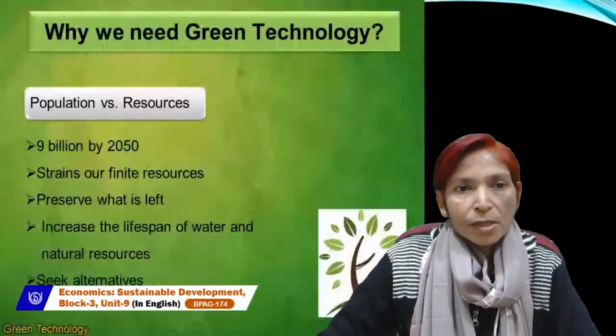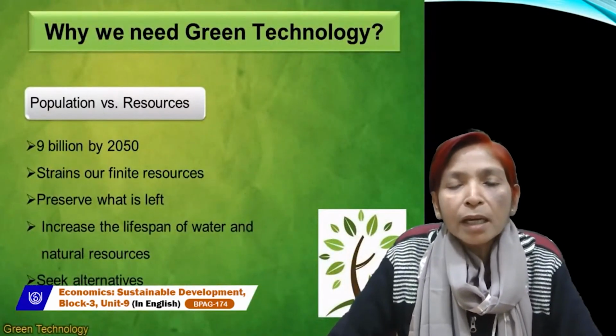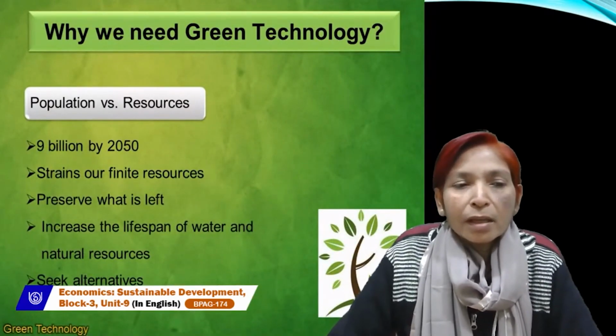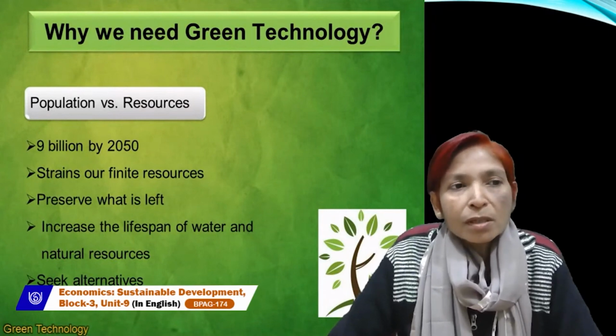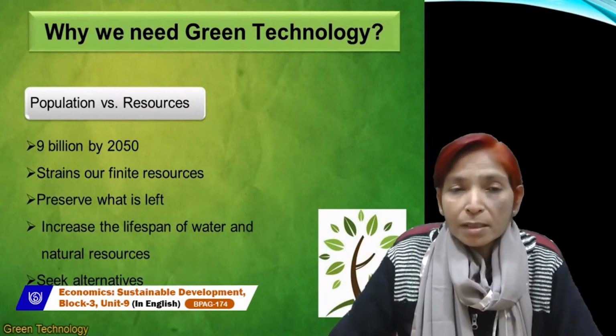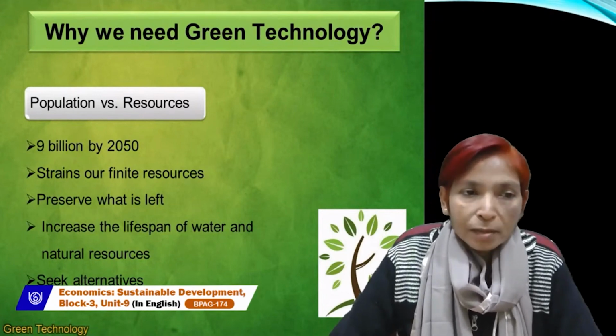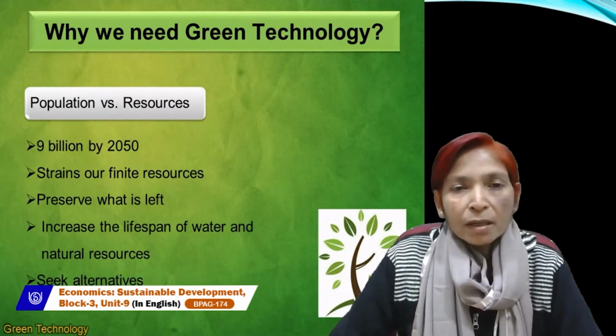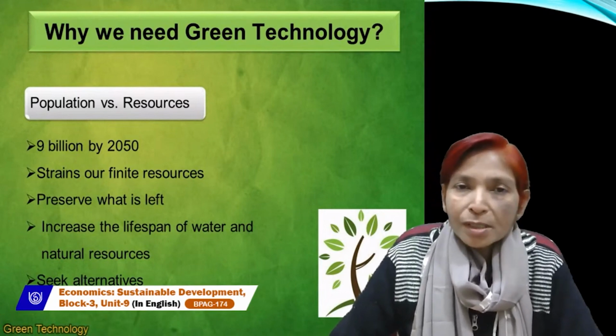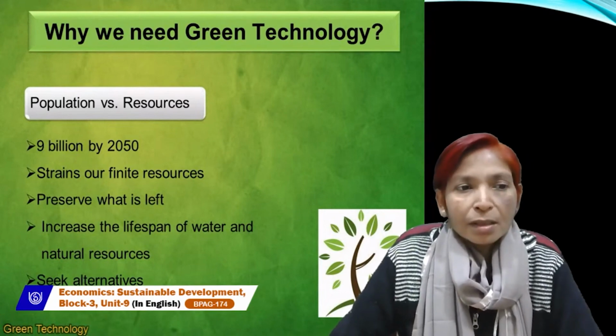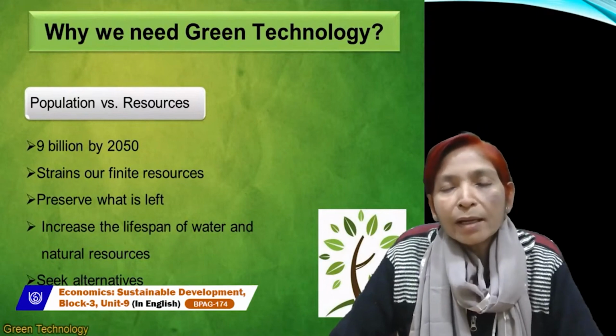Next is why we need green technology. In this, we will discuss why at present there is a great need to use green technology. Here, the proportion of resources and population is becoming unbalanced.